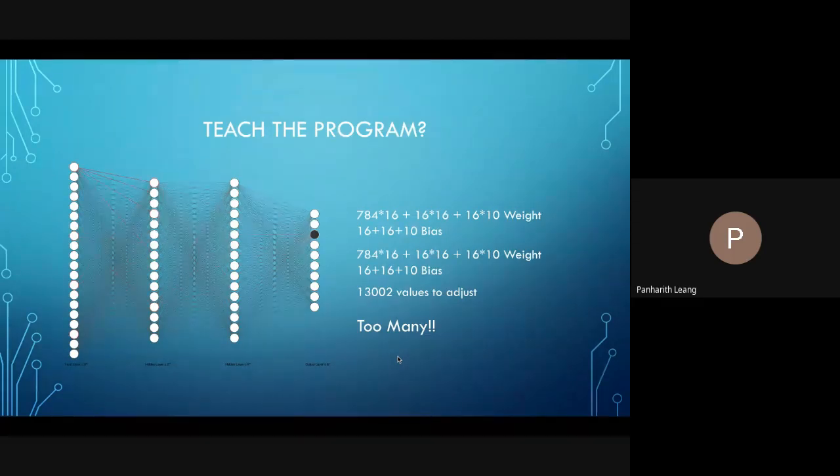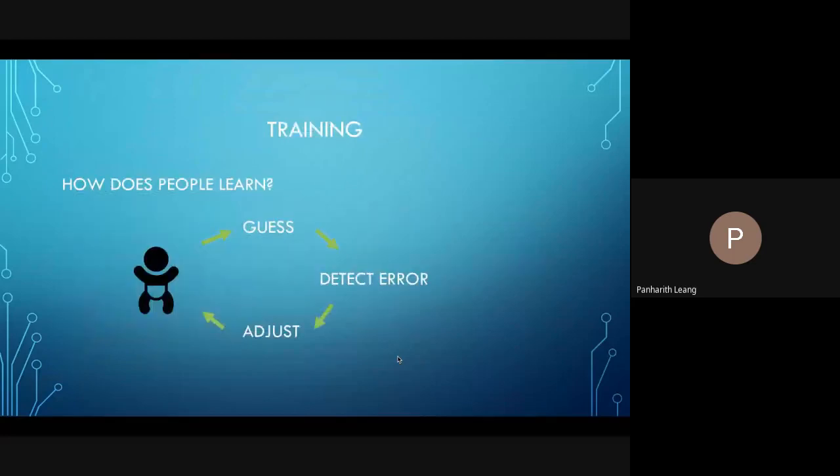So as programmers do, we like to automate stuff. But first, let's look at how a baby learns to identify numbers. First we show it a number and then it makes some random guess. And then we compare whether the guess is correct with the number or not.